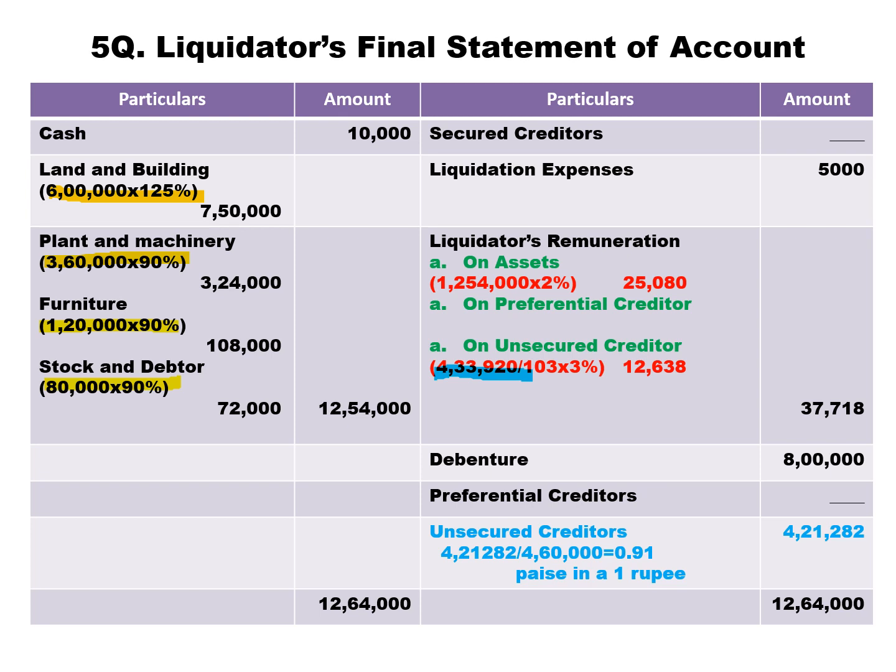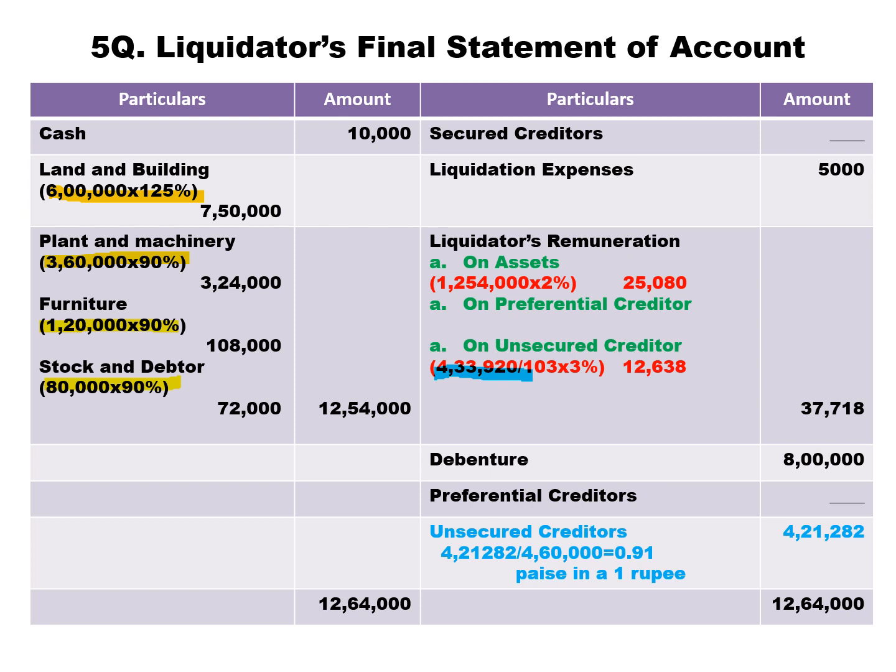So the amount available is 4,33,920. But how much should you pay to unsecured creditors? 4,60,000.